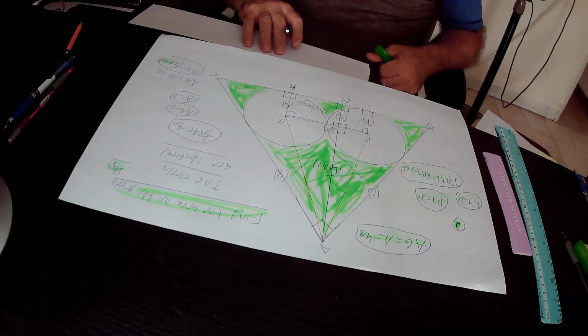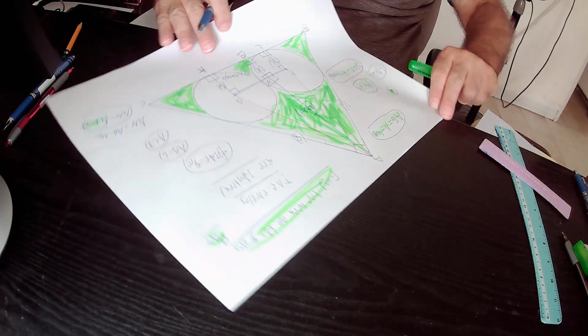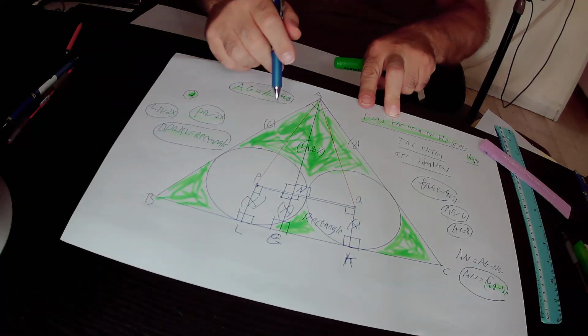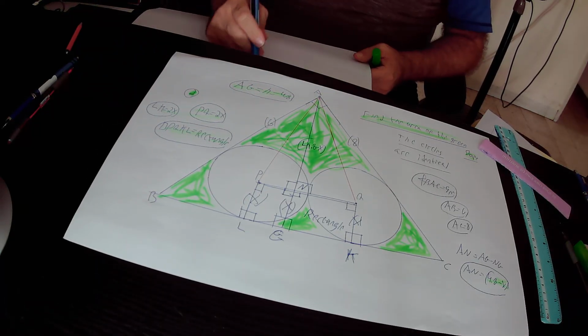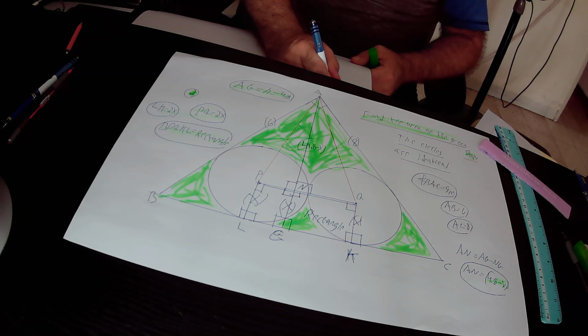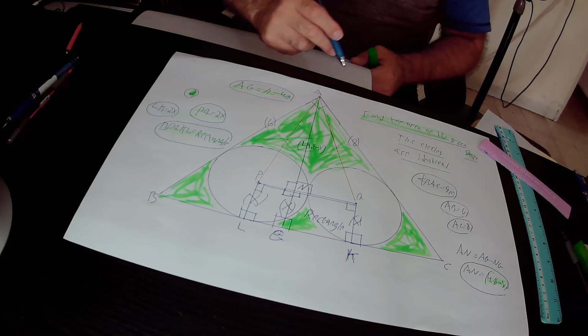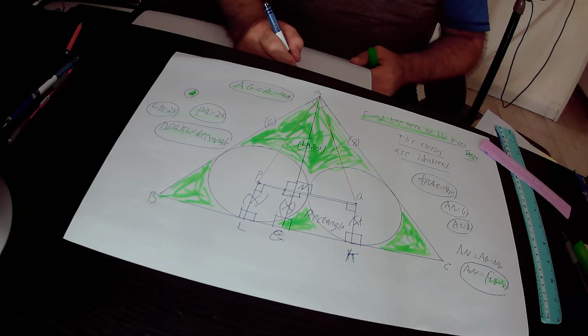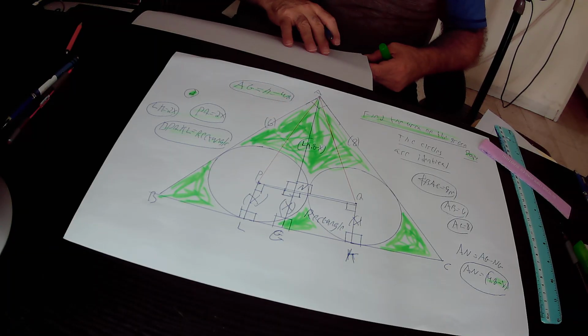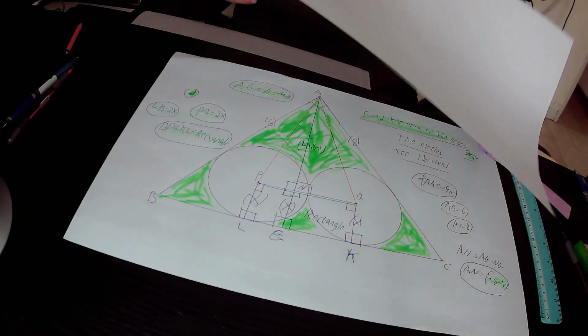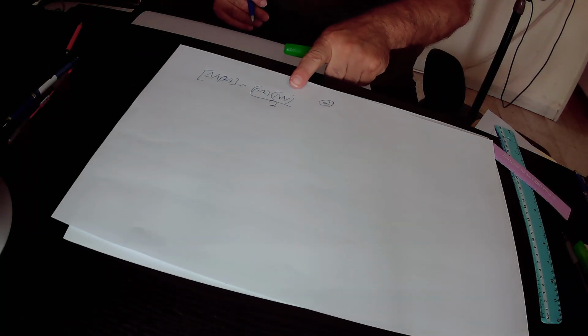So write it down: we have the small triangle APQ in total is equal to the base PQ times the height AN over 2.